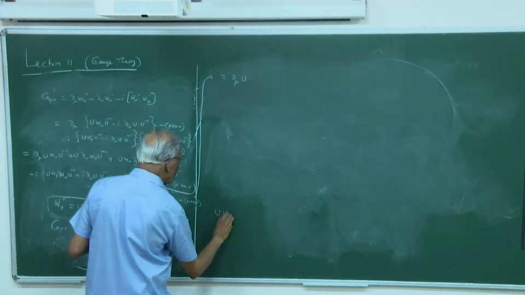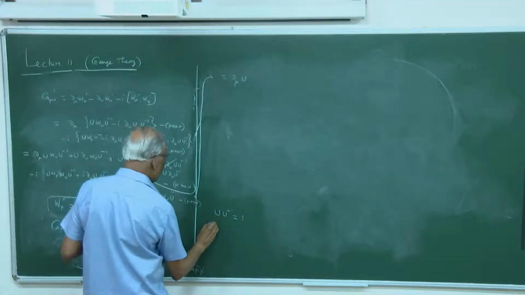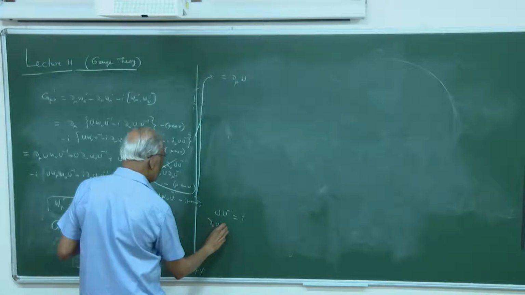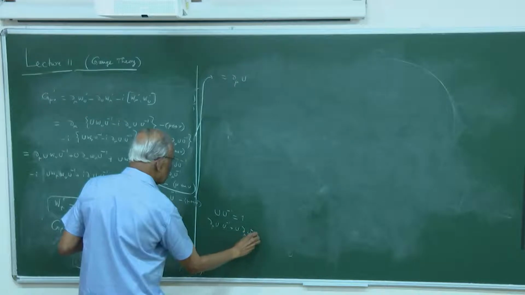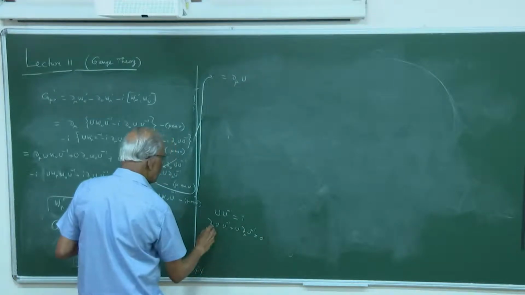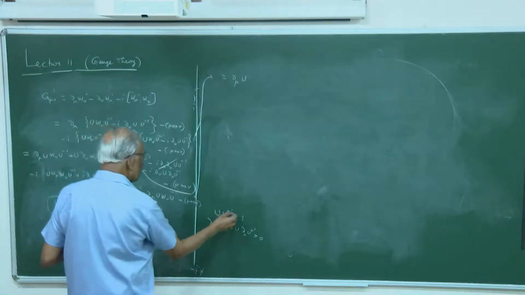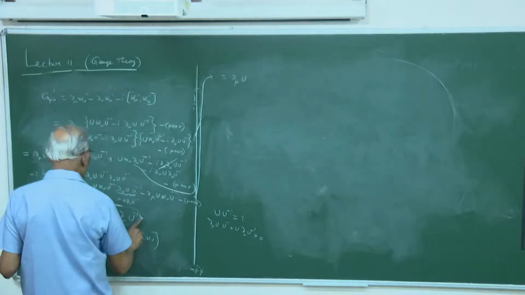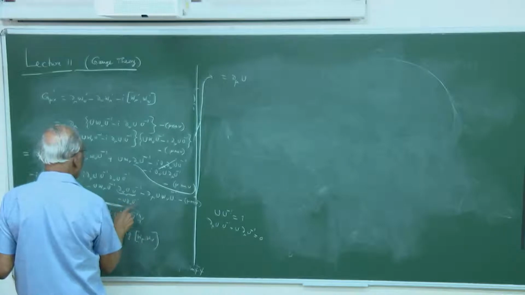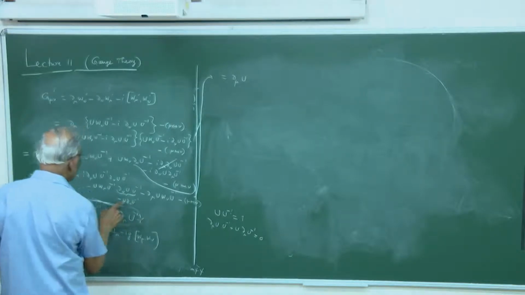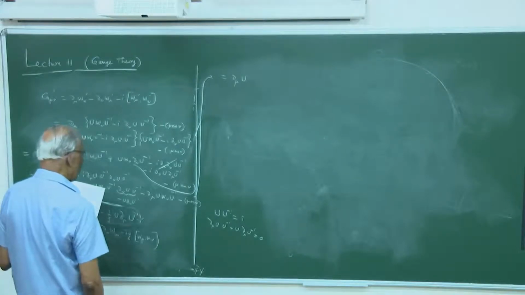Since U U inverse by definition of inverse is 1, I can differentiate this and get d mu U into U inverse plus U into d mu U inverse is 0. So d mu U into U inverse is the same as minus U into d mu U inverse. Similar things can be done with putting U on this side. So I will rewrite this d nu U into U inverse as minus U into d nu U inverse. If we write like that, then this U can be cancelled with this U inverse. Similarly, I think the other term also.